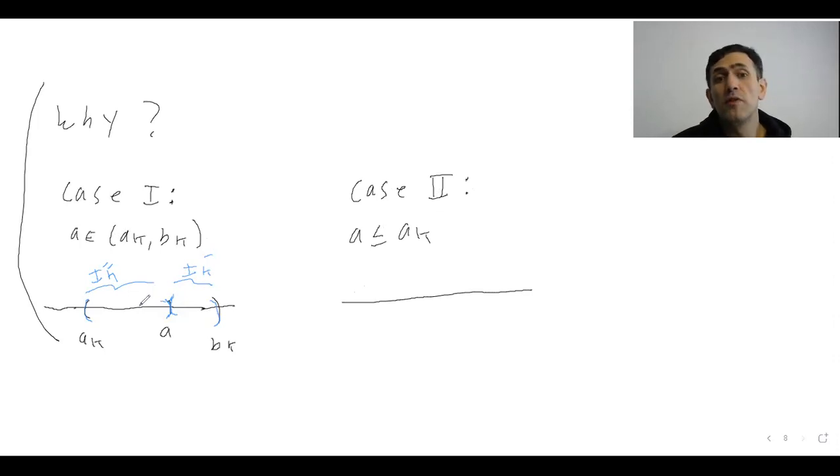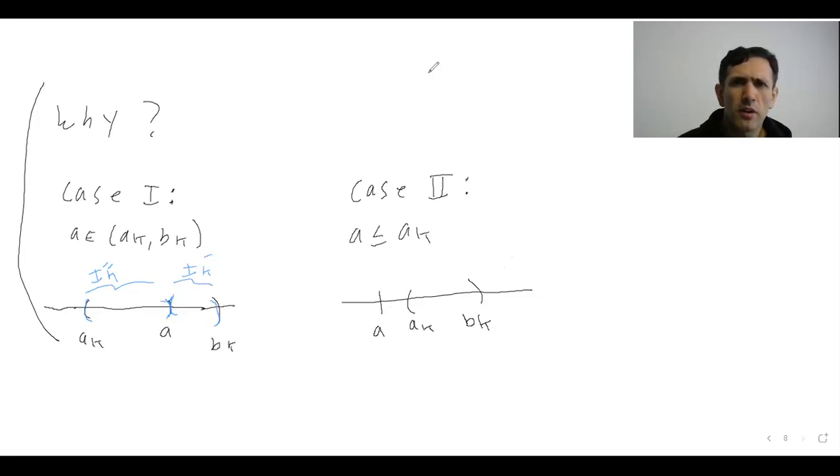I just proved this in case 1, and I'm basically going to prove it in case 2. So here, let's say we have A, and let's say we have AK, BK. I should emphasize, certainly A could be equal to AK, doesn't matter.